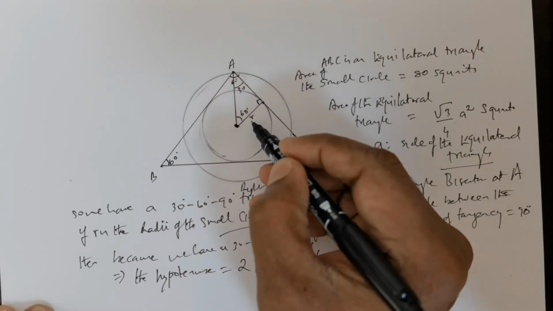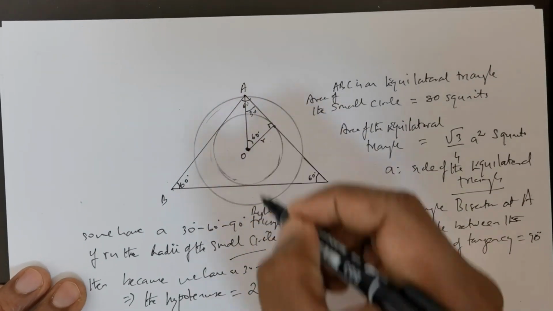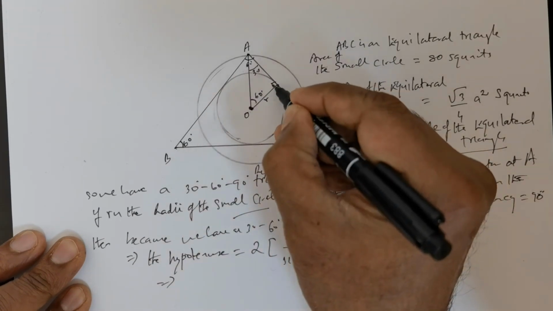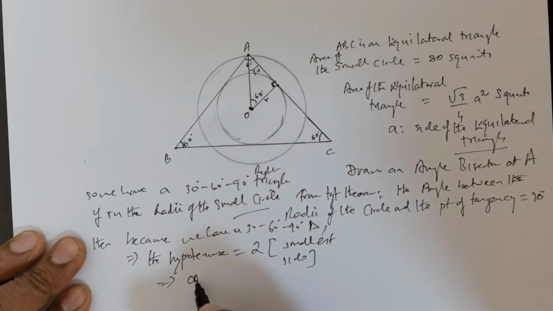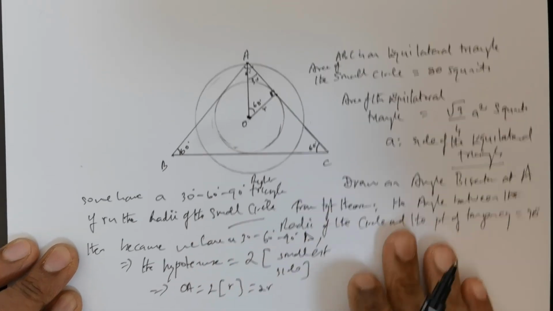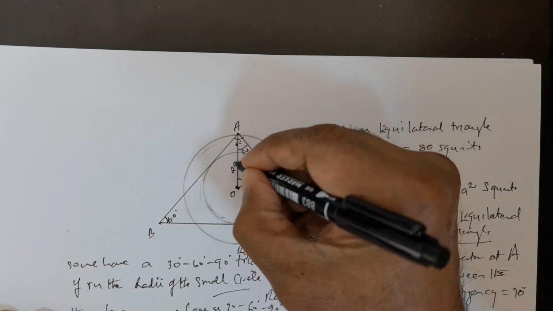Now which is the smallest side? This is the smallest side, and if I take OA as the hypotenuse, because this is 90 over here, OA will be equal to 2 times r, which is 2r. So this entire length is going to be 2 times r.